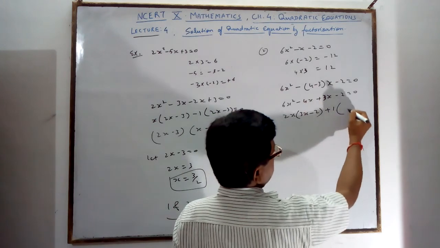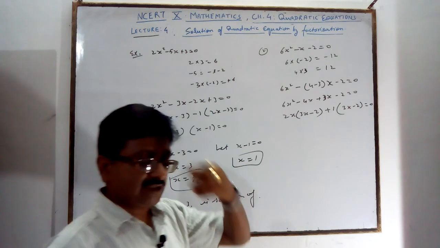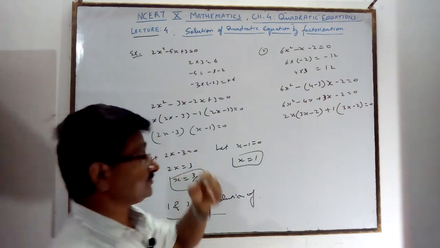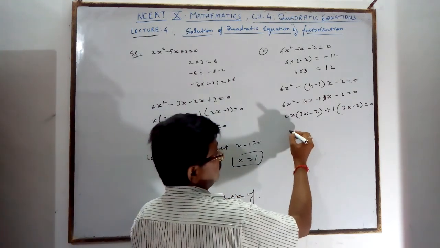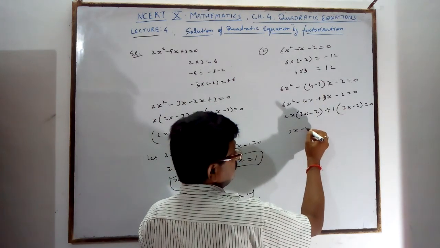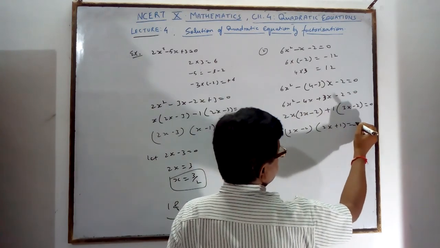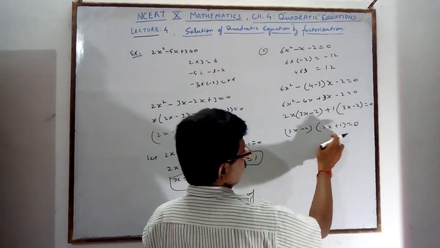Here plus 1 is common; if nothing is common, then plus 1 will always be common, plus or minus. Both the brackets must have the same expression. This I have already told you in class 9. You are getting the two linear factors.